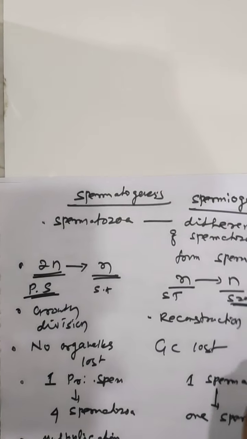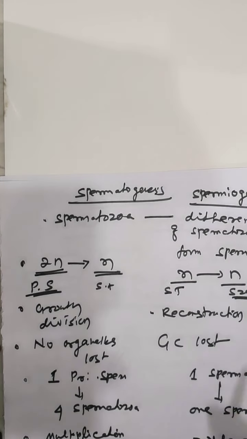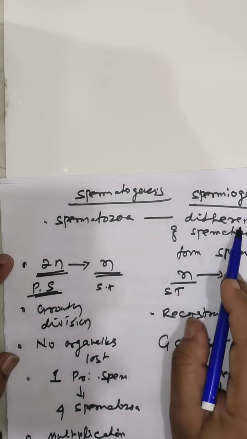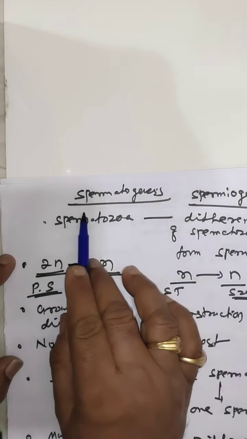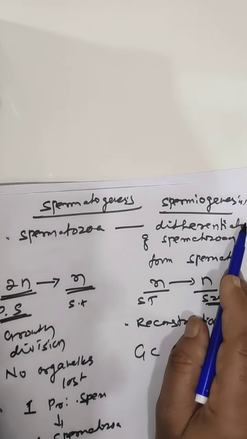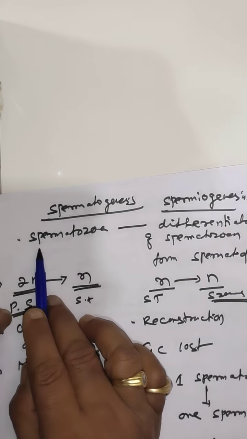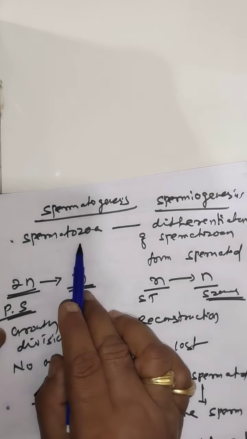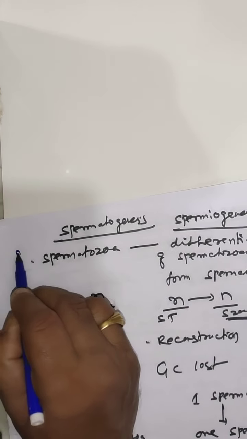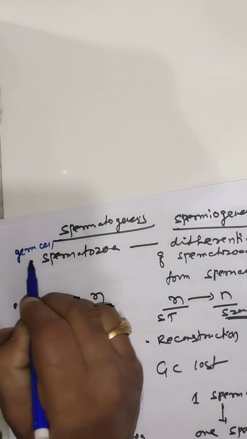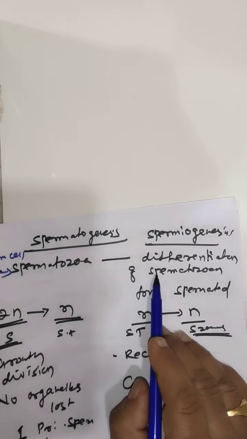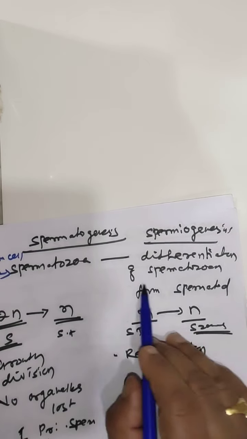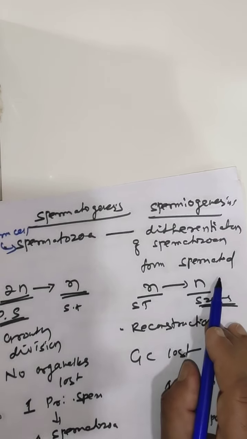Again I repeat the difference between spermatogenesis and spermiogenesis. Spermatogenesis is the process of formation of spermatozoa from germ cells, whereas spermiogenesis is the differentiation of spermatozoa from spermatids.